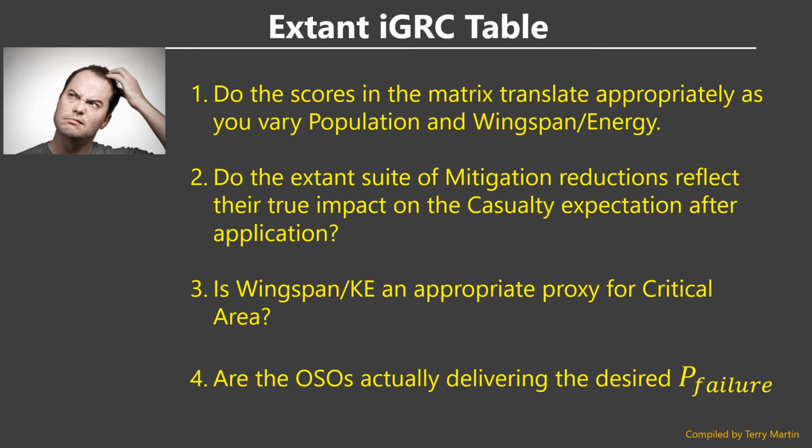Do the scores for M1, M2, M3 in the form of mitigation actually reflect their true impact on the ultimate goal that you're trying to minimize, which is casualties? And one of the things that might not be readily apparent is that in reality, wingspan and kinetic energy are a proxy for what's termed critical area, and we'll get to that.